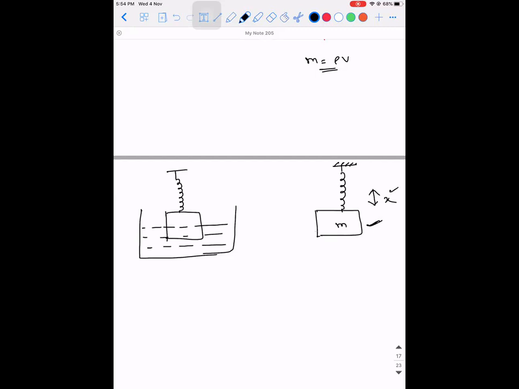Now, I take the same system with the spring balance and mass, and I immerse it into a liquid. In this scenario also, let's say there is some extension in the spring. But my question is, is the extension going to be more, less, or equal to x? Will it be more than x? Will it be less than x? Or will it be exactly equal to x?